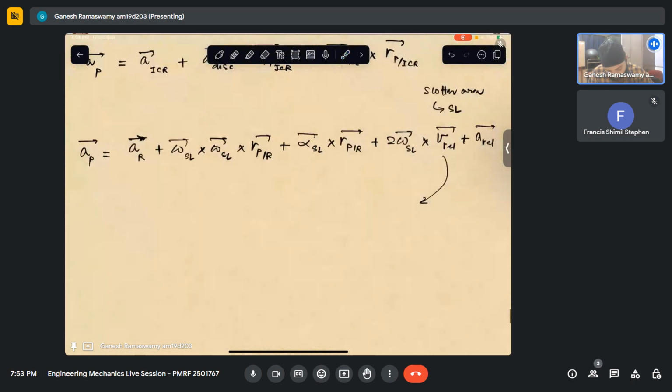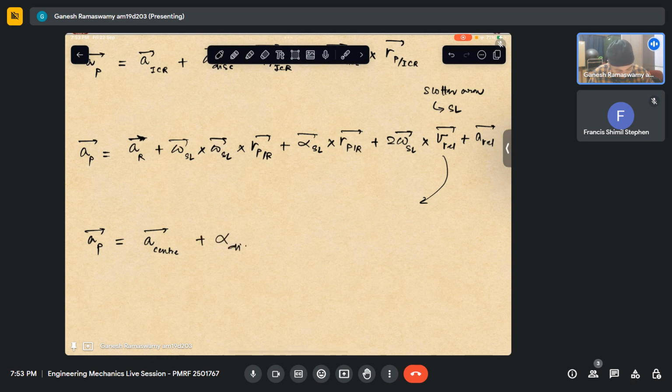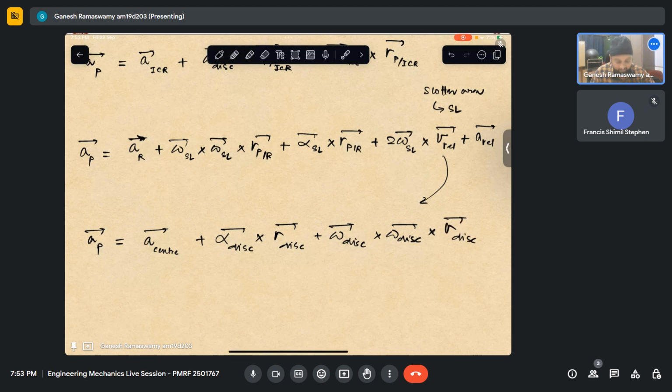There is another way to do it. Let us say that I take acceleration of point P as acceleration of the center of the disk plus alpha disk cross R plus omega disk cross omega disk cross R. Now in this case, the R becomes the radius of the disk itself because we have attached to the center.